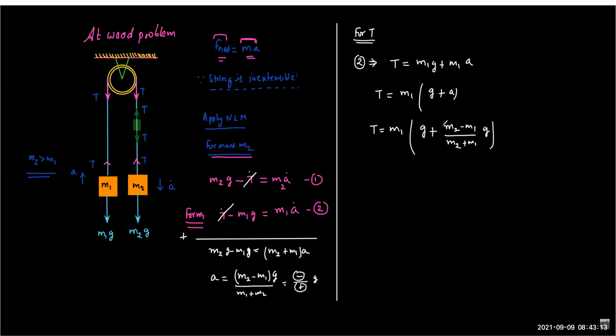And now you can realize that we can in fact take G as common. So what you are left with is 1 plus M2 minus M1, and this you can simplify and you will end up getting... okay, let me do this step also.